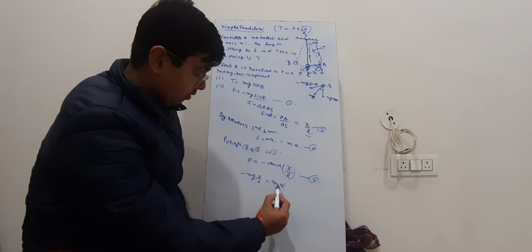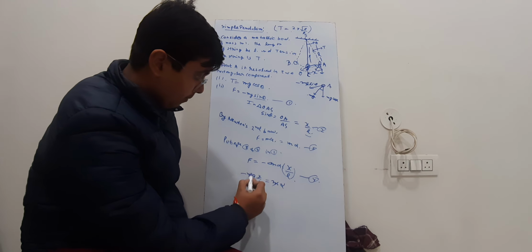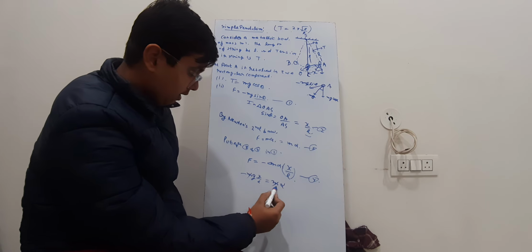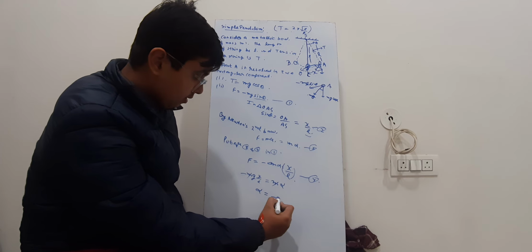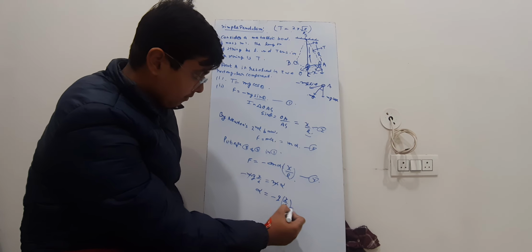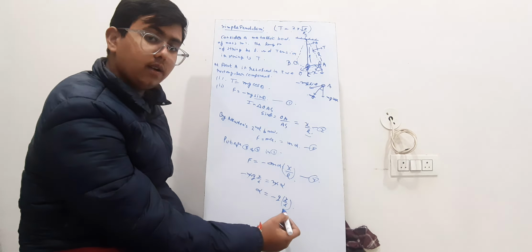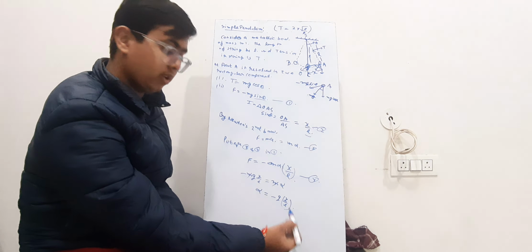So m cancels. Here the value of alpha is minus g x by L, where x by L is the displacement.